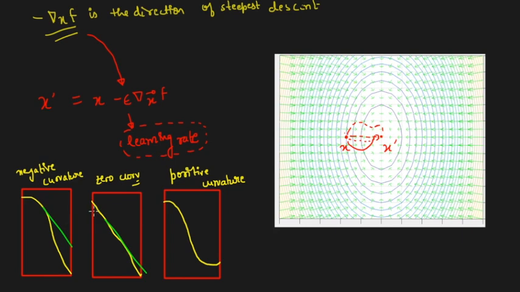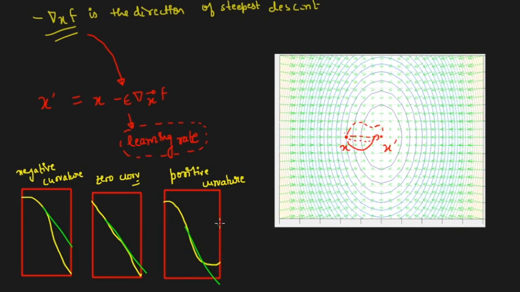So the estimated decrease in the value of x to reach the minima will be calculated perfectly if the function has zero curvature. At last, in positive curvature, the gradient will overestimate the decrease in the function of x, whereas on the other hand, it is increasing, as we can see.